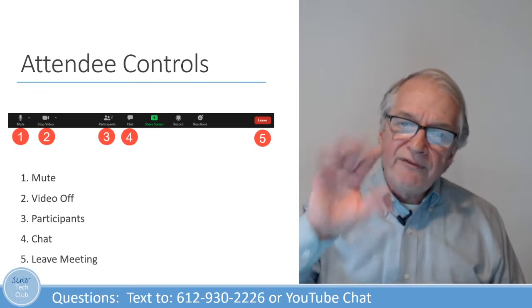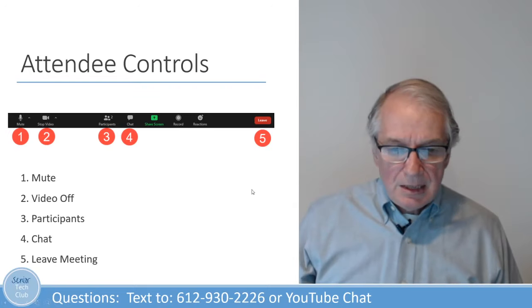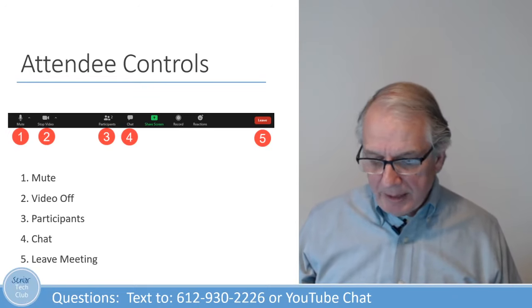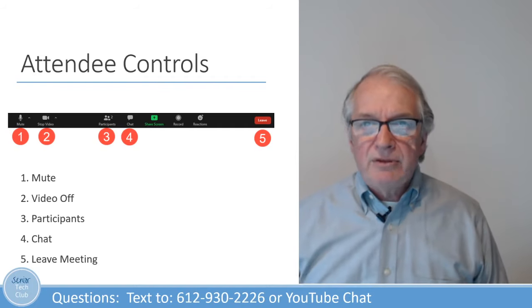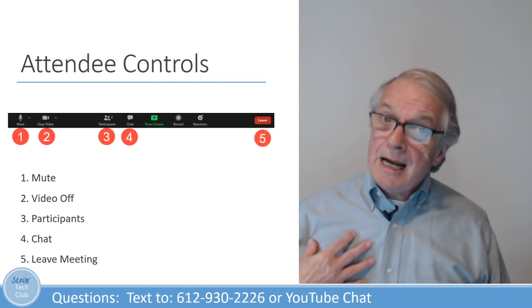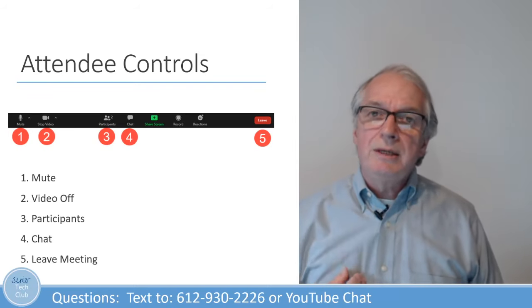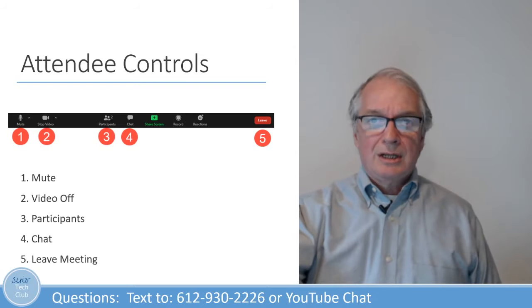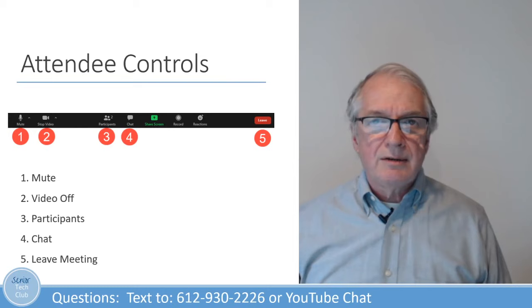And then the final item that we want to talk about under the attendee controls is the leave button. And leave means that you're going to leave the meeting. Now, you cannot stop or end the meeting as an attendee, but you can leave the meeting. Only the host of the meeting is actually able to end the meeting with everyone.